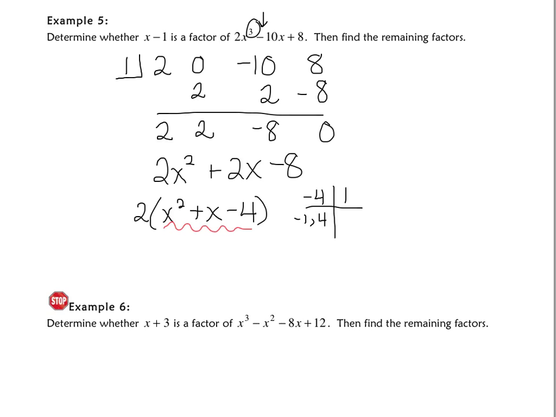Negative 1 plus 4 is not 1, so those don't work. And then the remaining factors of 4, negative 4, 2 and 2, one of those would have to be negative. Negative 2 plus 2 is not 1, which means this trinomial, this x squared plus x minus 4, cannot be factored. So our final answer is 2, and then x squared plus x minus 4.